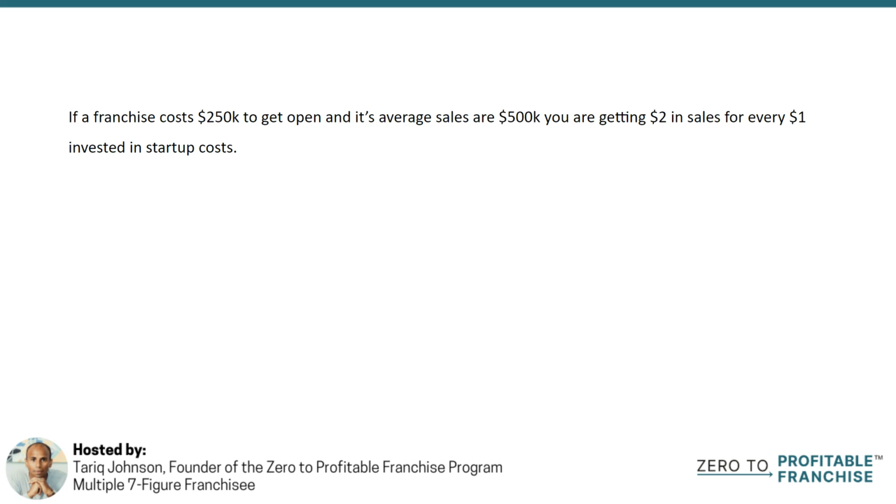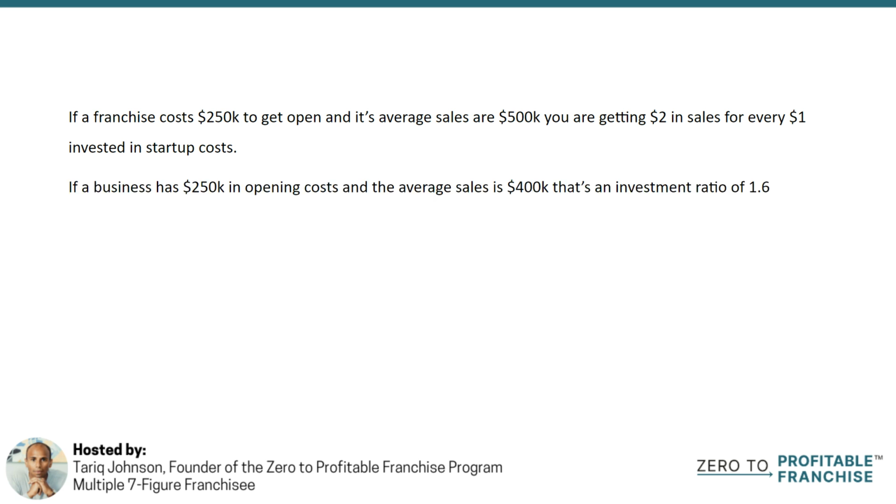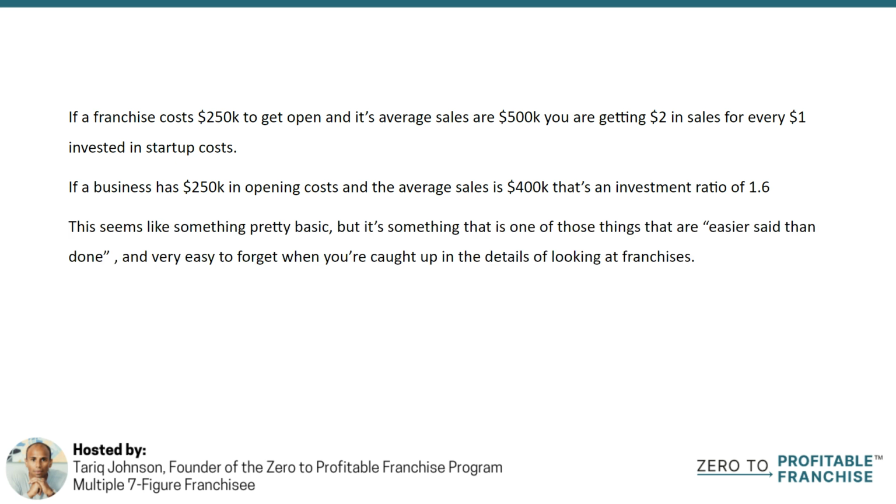As an example, if a franchise costs $250,000 to get open and its average sales are $500,000, you are getting $2 in sales for every $1 invested in startup cost. Now, if a business has $250,000 in opening costs and the average sales is $400,000, that's a sales to investment ratio of 1.6.